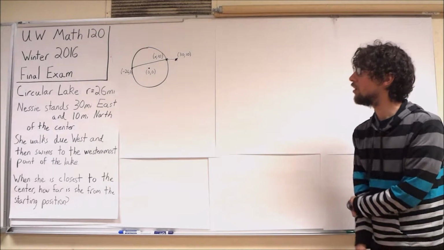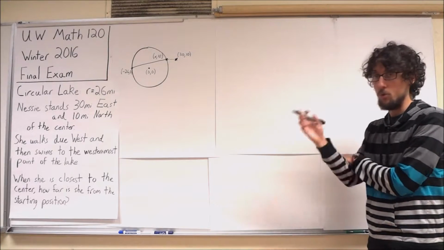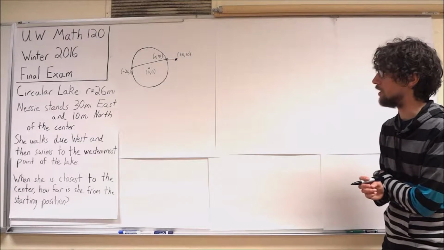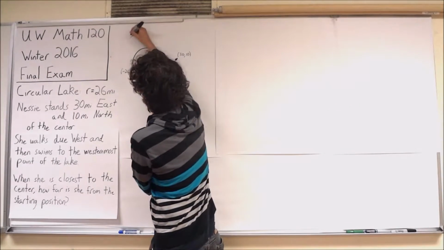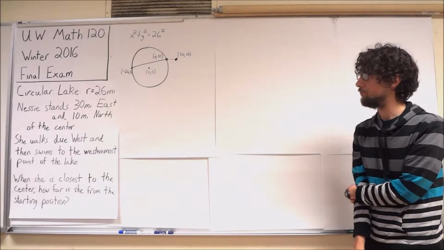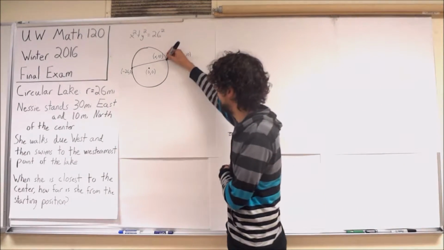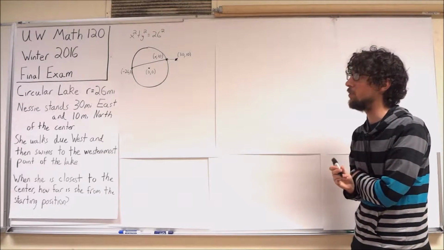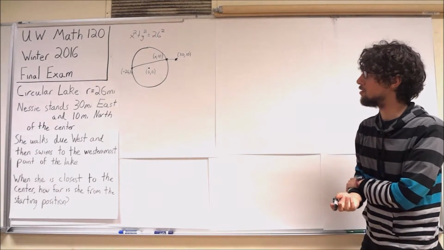So I can write an equation for the boundary of the lake, for the kind of circle that is the boundary of the lake. In particular, this circle is simply x squared plus y squared equals 26 squared. And if I'm looking for the x coordinate of this particular point here, I can simply plug in y equals 10 to this equation and solve for x.